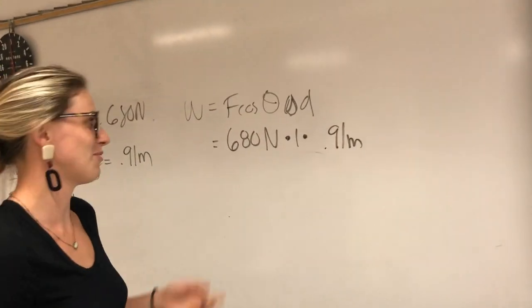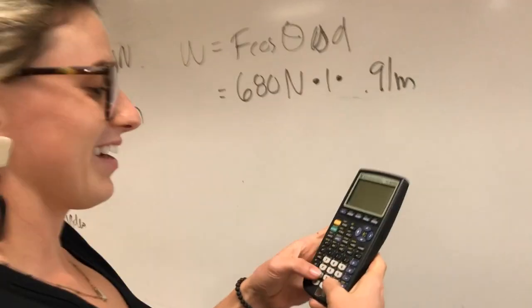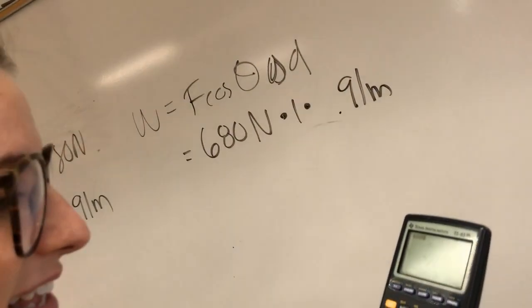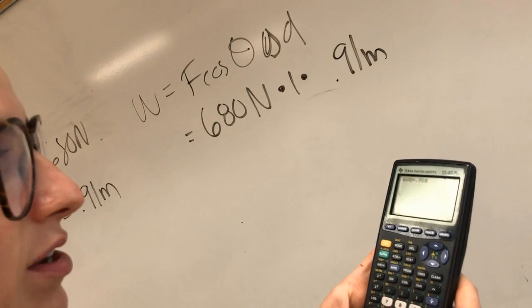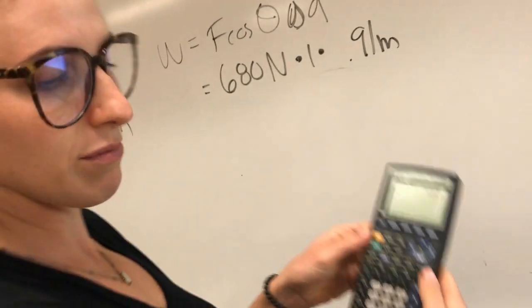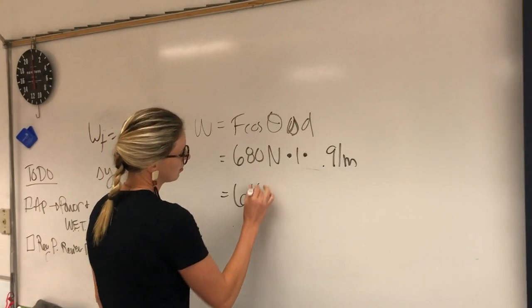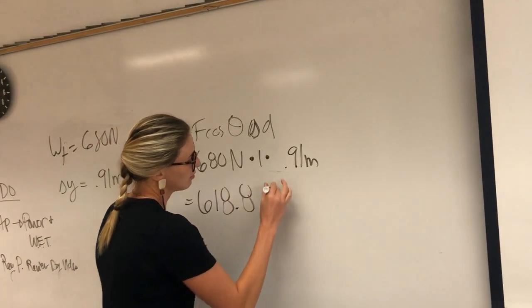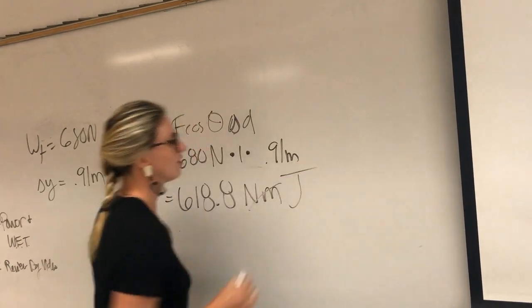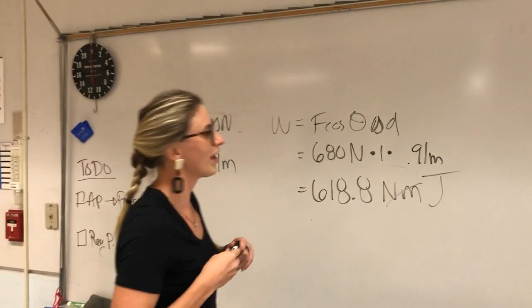Do I even need to put the 1 in there? No, don't put it in there. 680 times 0.91, and I get 618.8. What are my units again? Newton meters, which gives us a joule. Beautiful.